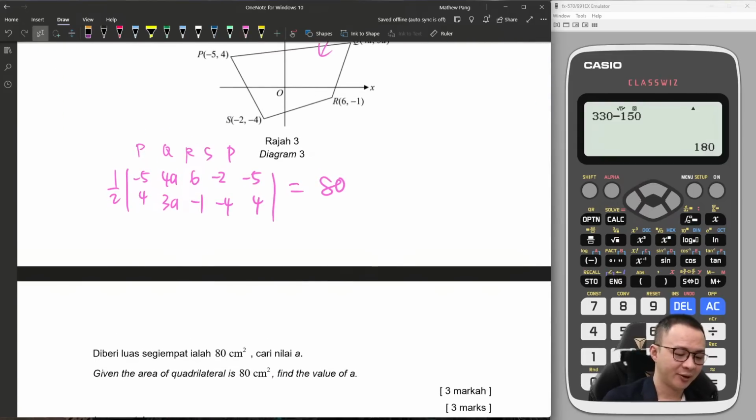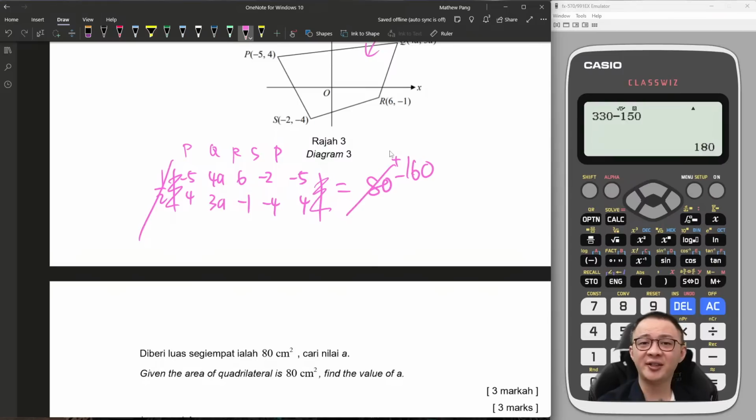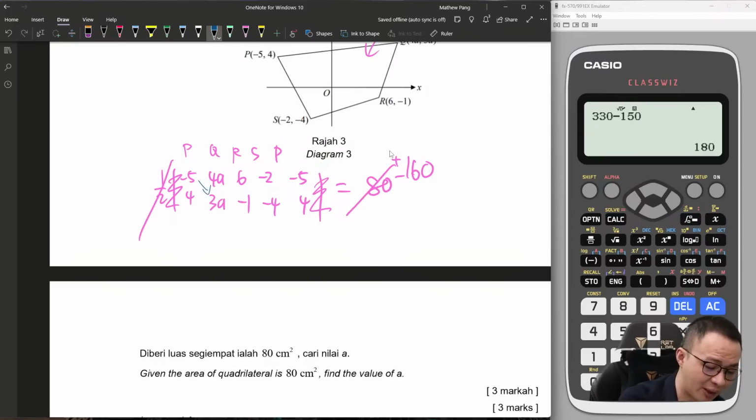First thing is we're going to move the 1 over 2 to the other side, multiply by 2, and I'll get 160. Then I will get rid of my modulus. If I get rid of my modulus here, the other side will get plus minus 160. Later we decide whether we take positive 160 or negative 160. Right now I'm going to cross multiply like this first.